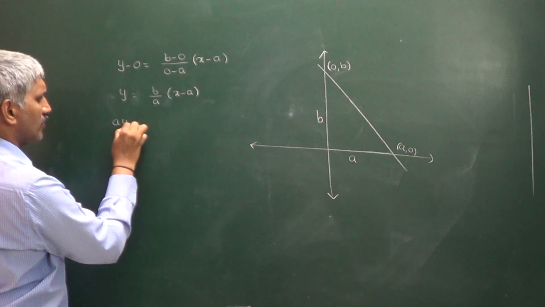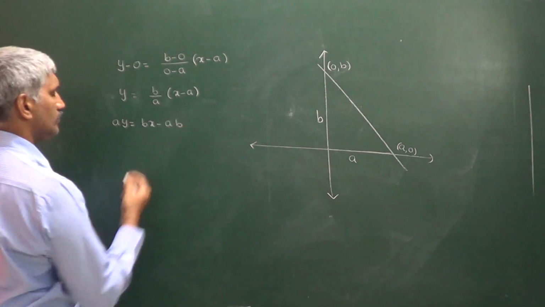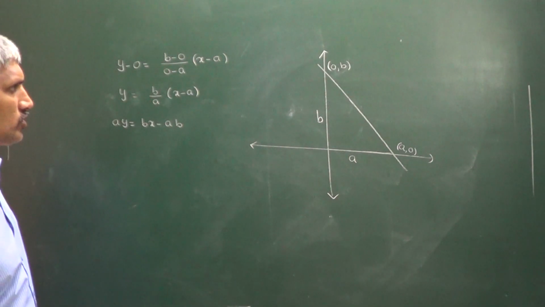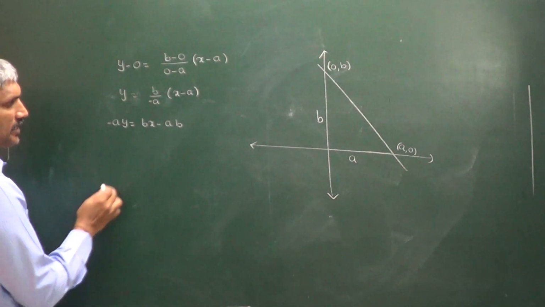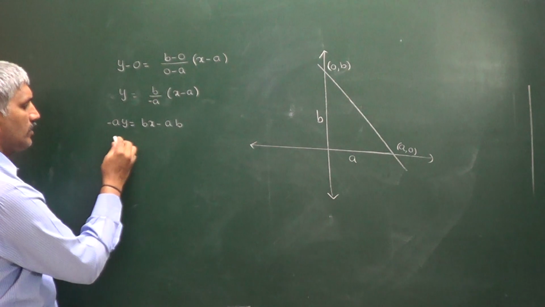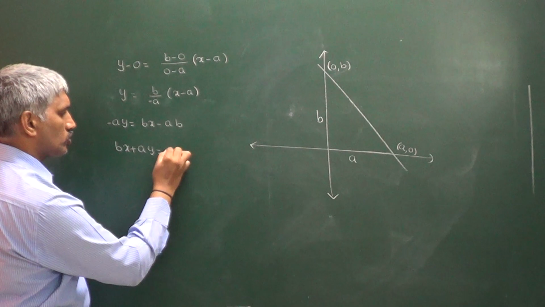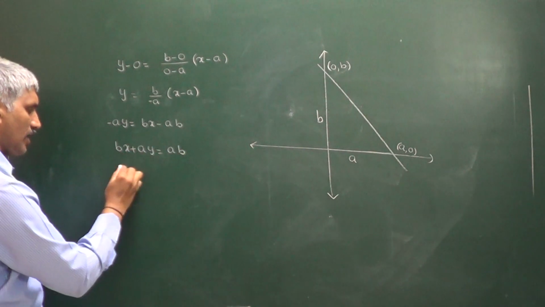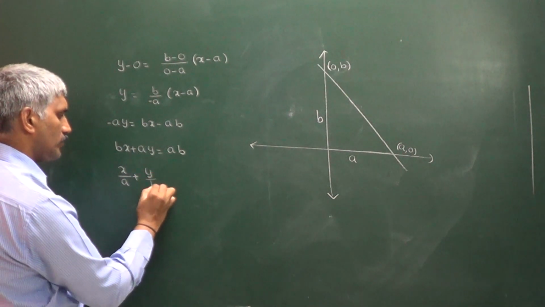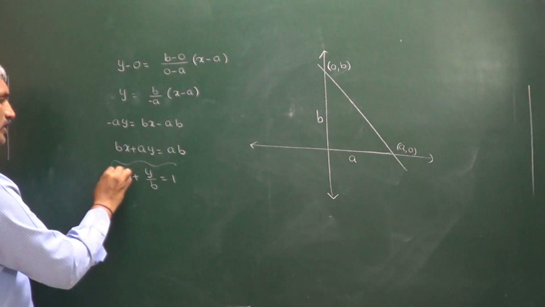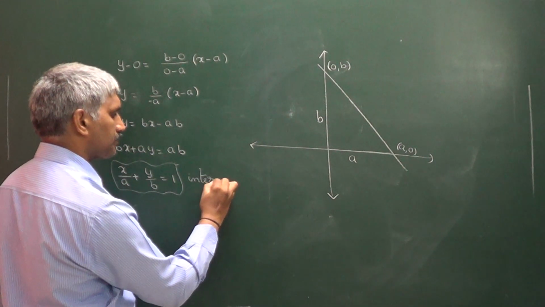Simplifying, ay is equal to bx minus ab. Shifting to this side, bx plus ay is equal to ab. Divide by ab, then we get x by a plus y by b is equal to 1, which we call the intercept form of a line equation.